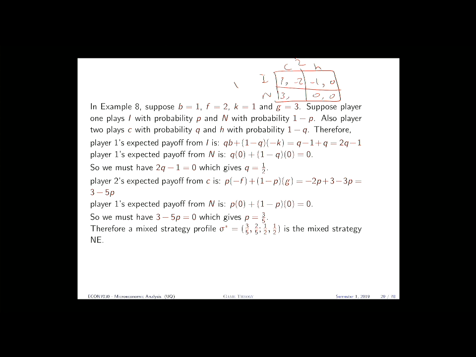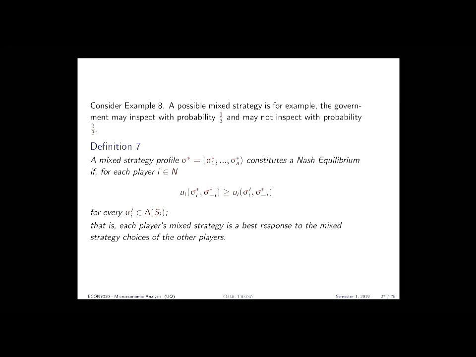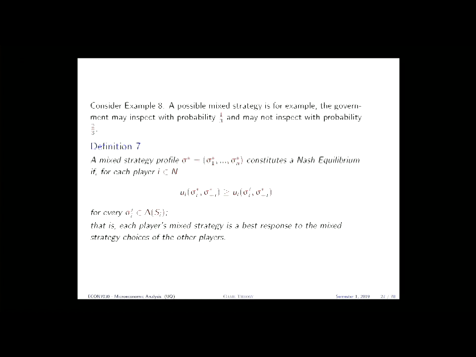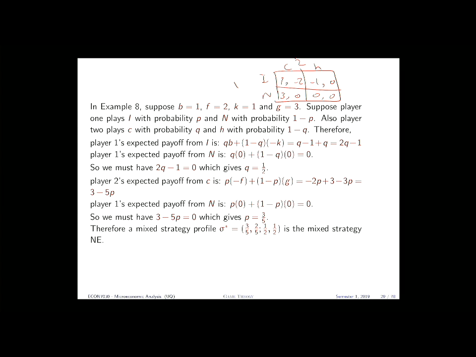Am I right? Everything good? Let me make sure that everything is fine before we proceed. See, I made a mistake. Here it has to be 0, 3. And none of you told me.